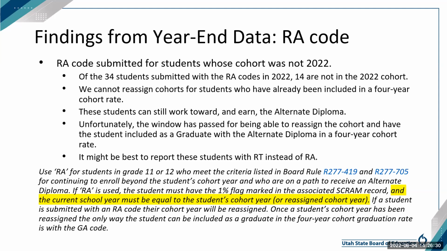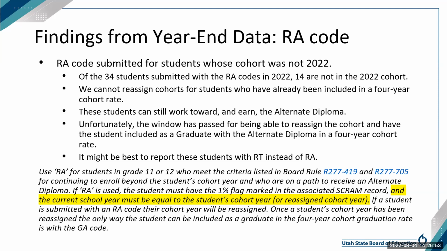So the RA code. This code is submitted for students whose cohort was not 2022. Of the 34 students submitted with the RA codes in 2022, 14 are not in the 2022 cohort. So we cannot reassign cohorts for students who've already been included in a 4-year cohort rate.